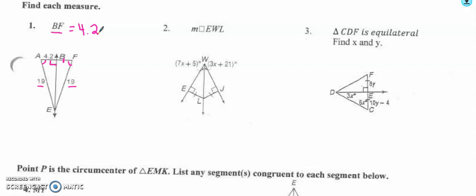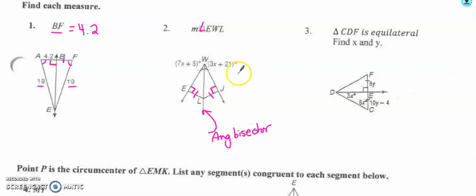The next one, there should be an angle there. I don't know why there's a box. If you look at your picture, yours should be better than mine on the screen. Right here we see 90 degrees. We see these are equal distance. That means that this must be an angle bisector because those distances are congruent.